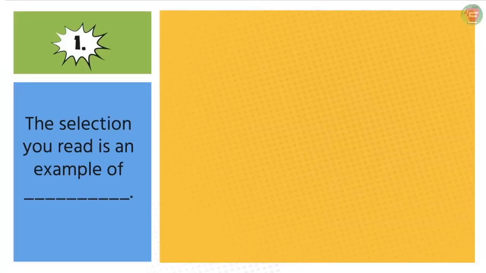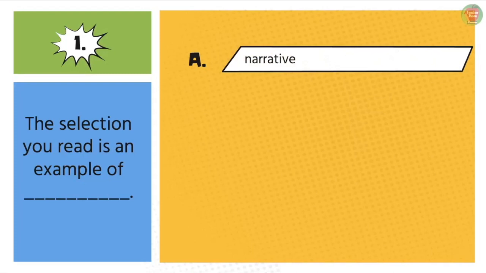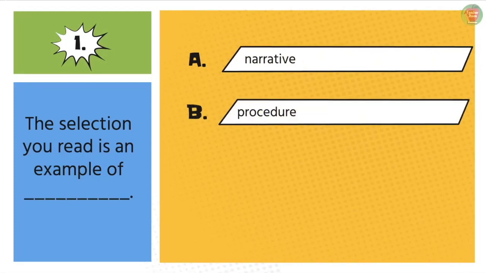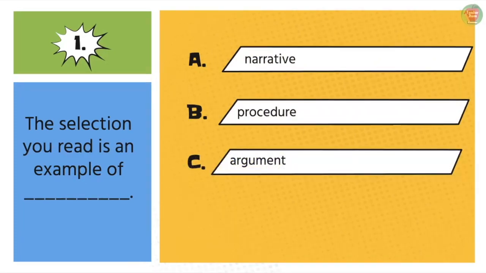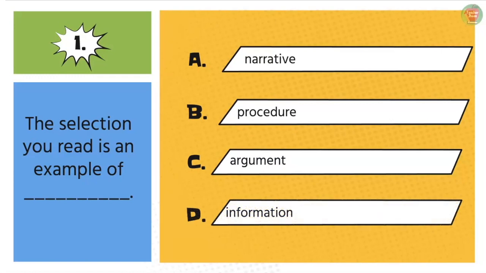1. The selection you read is an example of A. Narrative, B. Procedure, C. Argument, D. Information. Two.